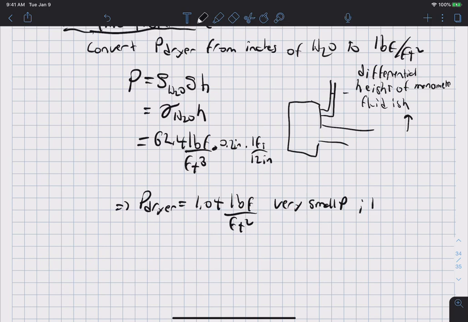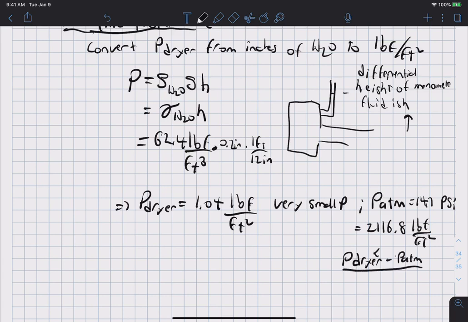Just recall that P_atm in absolute units is equal to 14.7 psia, and that's equal to 2,116.8 pound force per foot squared, and P_dryer minus P_atm, in absolute units, if you convert the dryer to absolute pressure, divided by P_atm equals 0.049%.